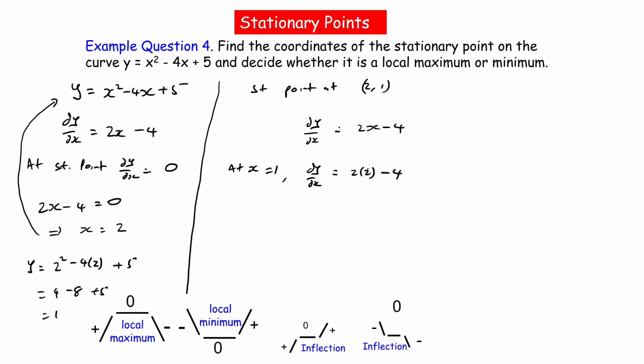Sorry, at x equals 1, 2 times 1, so it'd be 2 minus 4, which is minus 2. So it's negative. And then we check at x equals slightly more than 2, at 3. And dy by dx is equal to 2 times 3 minus 4, 6 minus 4, which is 2. So the gradient has gone from negative to positive. So we've got a local minimum.